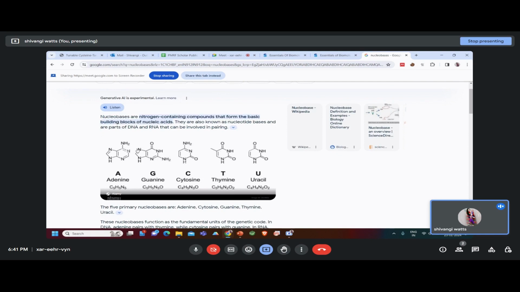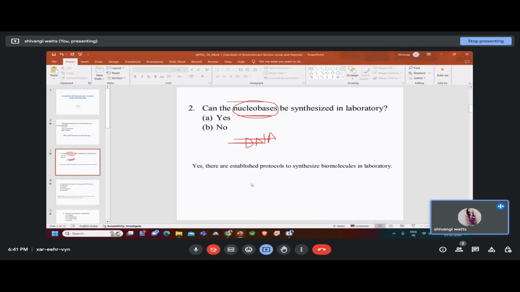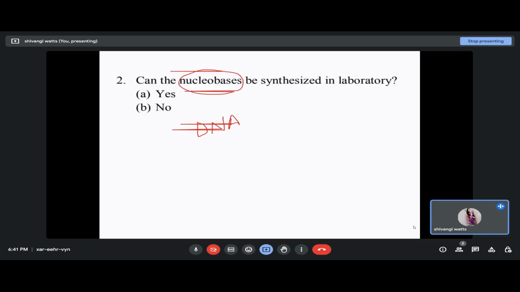These two have two rings, and these are the purines. Whatever has three bases with one ring, these are the pyrimidines. So these are the nucleobases which lead to the formation of DNA. If you see the structure, we can analyze that these nucleobases can be synthesized in the laboratory.